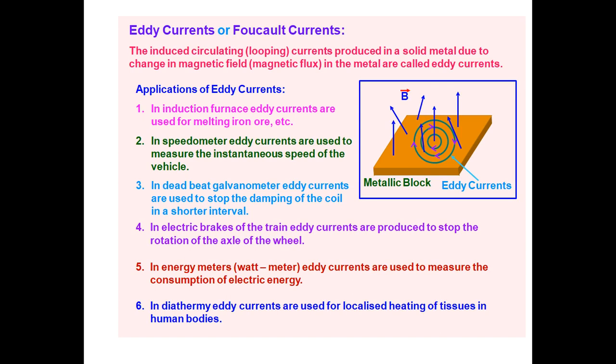In energy meters or wattmeters, eddy currents are used to measure the consumption of electrical energy. And in diathermy, eddy currents are used for heating of tissues in human bodies.